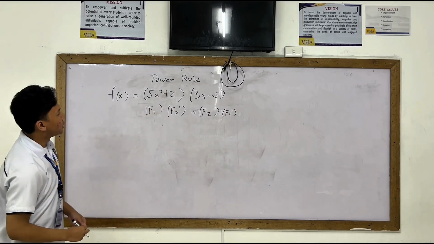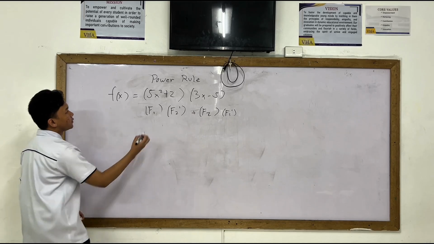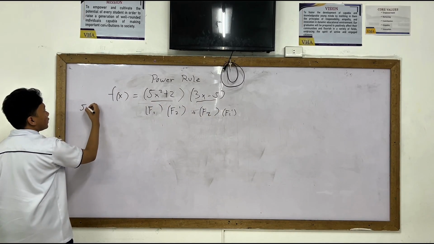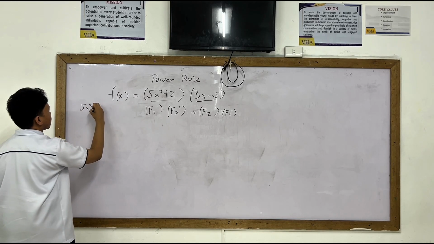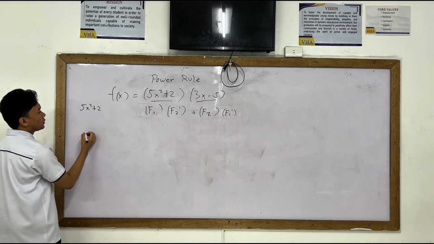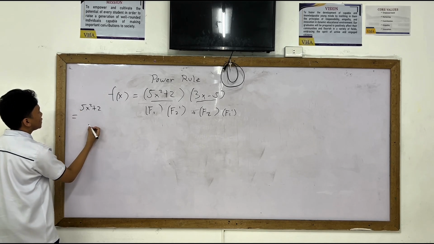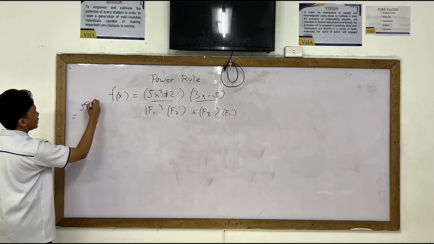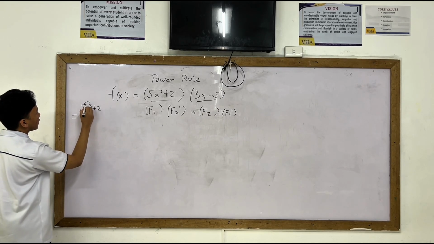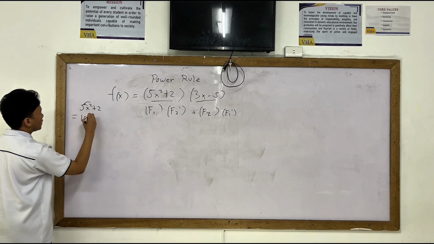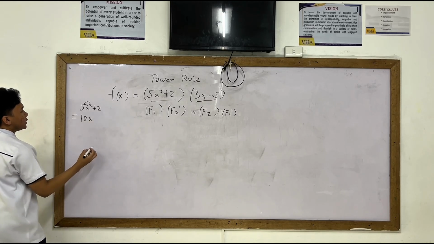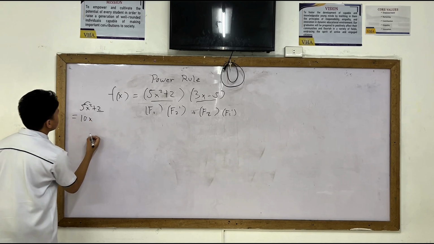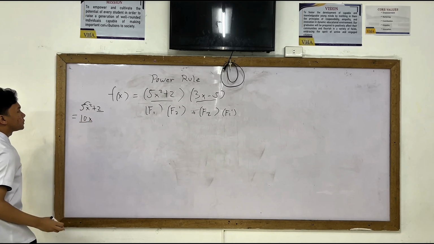To solve this, we need to find the derivative of these two factors first. So we have 5x squared plus 2. Deriving this, we multiply the constant and the exponent. So we have 5 times 2, we get 10x. Then this is 0, so we only get 10x.